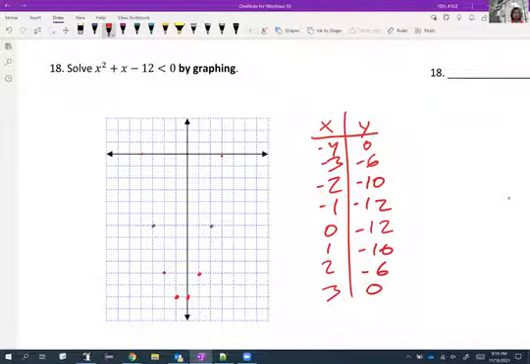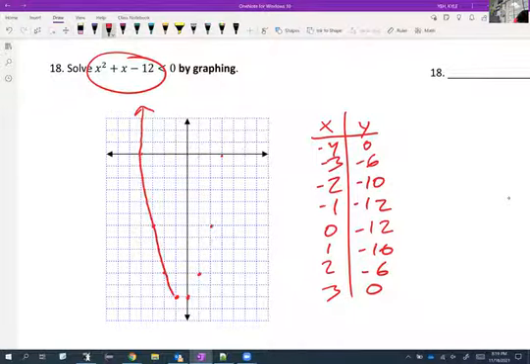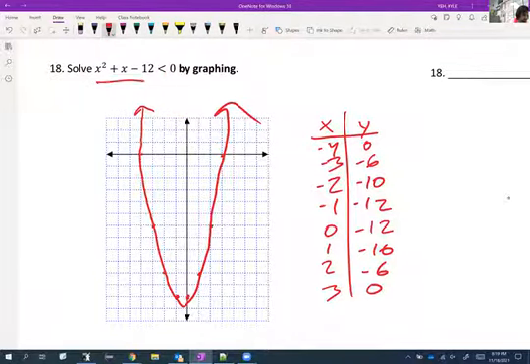So we know that the graph of this equation looks something like this. We are asked, if that's the graph of this equation, where is it less than 0? In other words, for what x values is it below the axis?